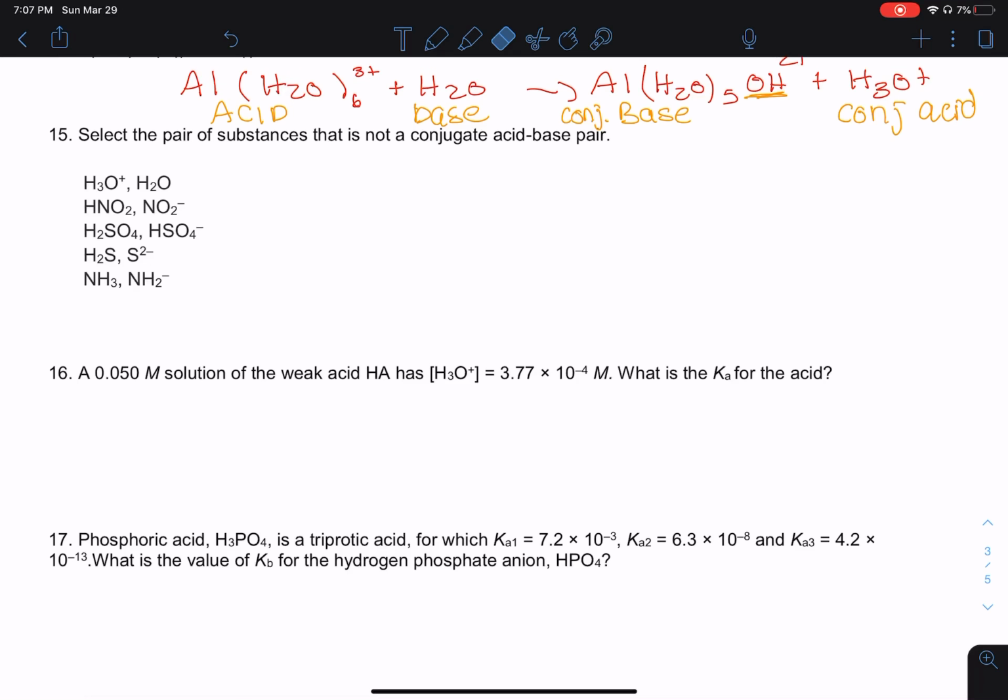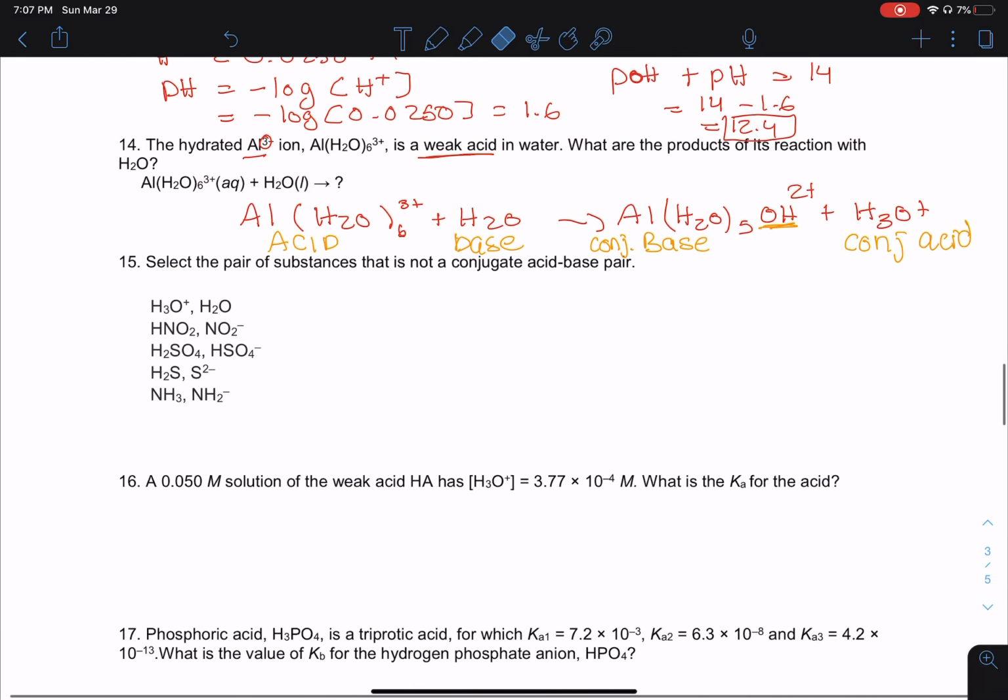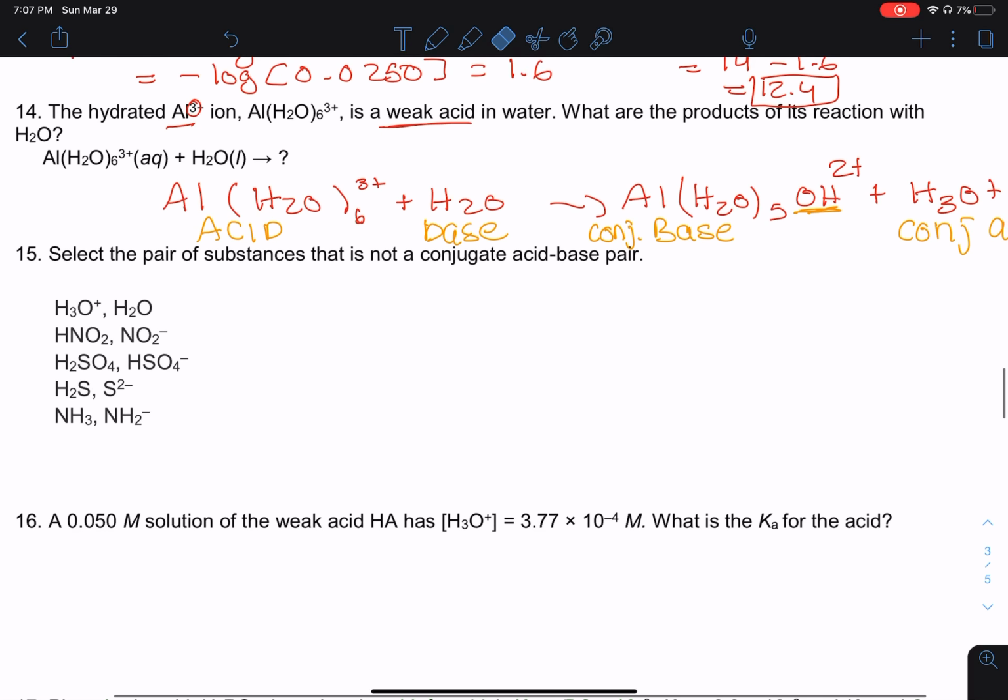Okay, so number 15, select the pair of substances that is not a conjugate acid-base pair. So remember what I was just saying about acid and conjugate bases? The only way you can have an acid and a conjugate base is if you lost a hydrogen. So in this case, we have H3O plus and H2O. H3O plus here is considered the acid, and this is a base. That makes sense because it lost a hydrogen.